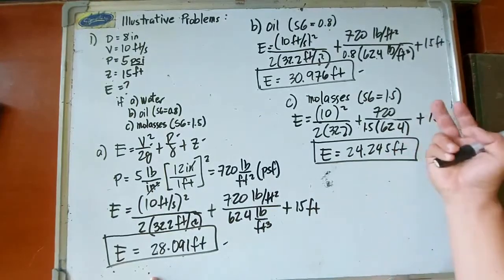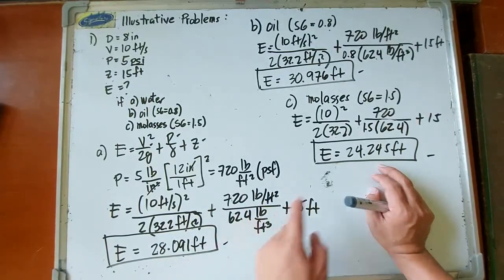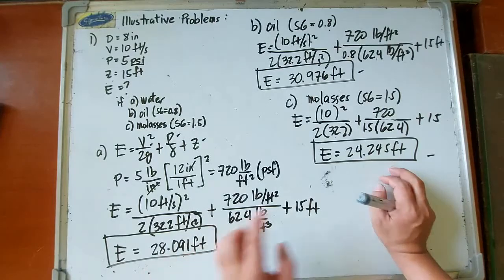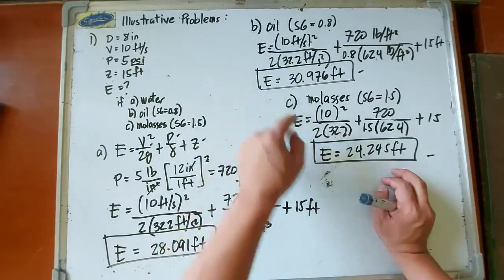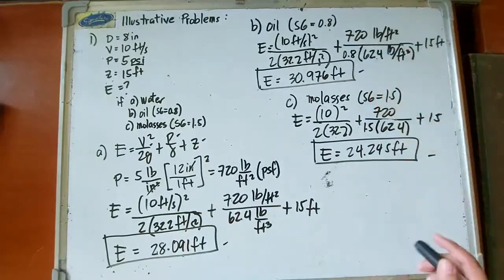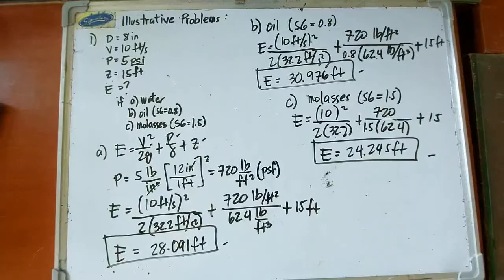So any material that has a specific gravity greater than 1 is heavier than water. So 28 compared to 24, more energy is produced with water since it is lighter than molasses. And of course, among the three, the most energy is produced using oil because it's lighter, no? It's the lightest among the three liquids in this particular problem.